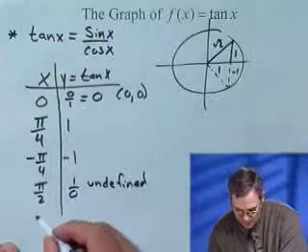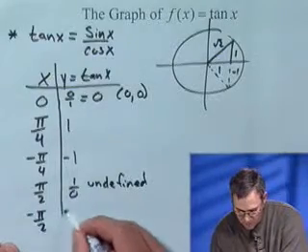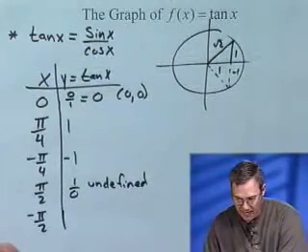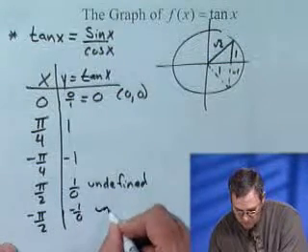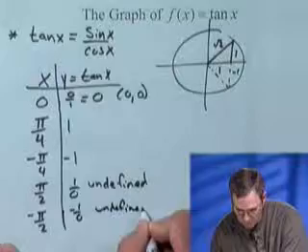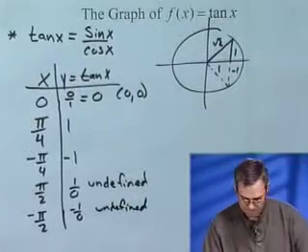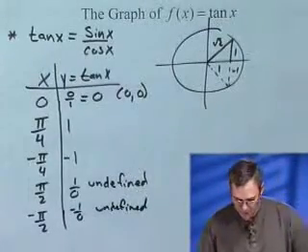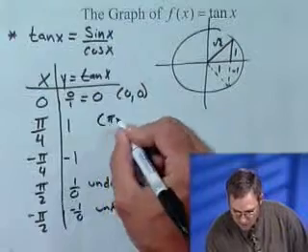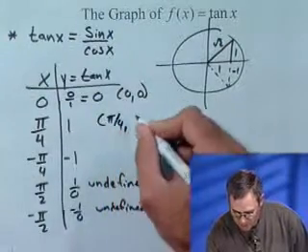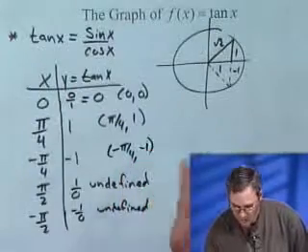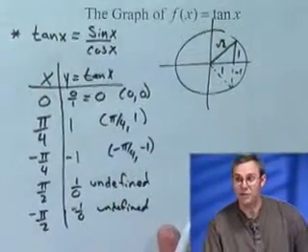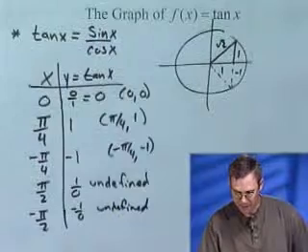Also, tangent of negative pi halves is also undefined. So let's see what we get. Let's plot these points. 0, 0, pi fourths 1, negative pi fourths, negative 1, and we'll keep in mind that those two values are undefined.